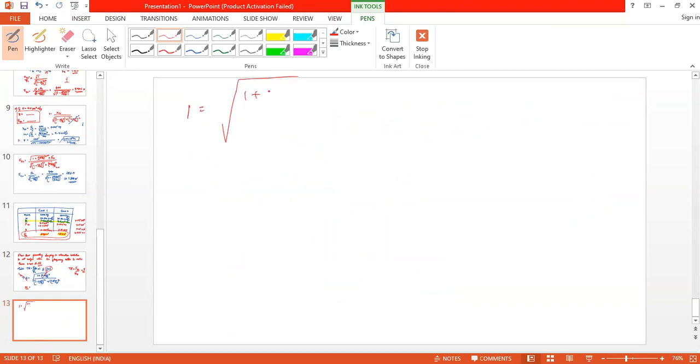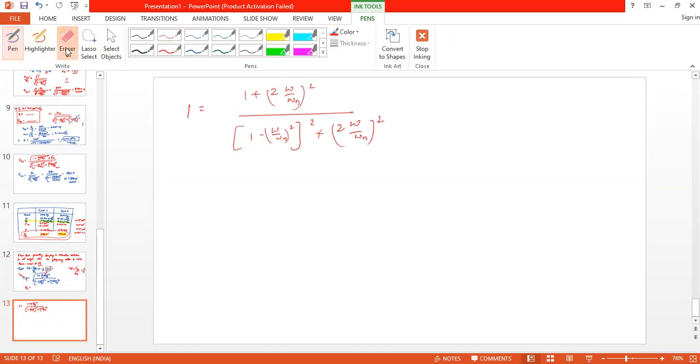One is equal to the root of (1 plus (2 omega by omega n) whole square) divided by ((1 minus (omega by omega n) whole square) plus (2 omega by omega n) whole square). So I can split this root and send it to the left-hand side.